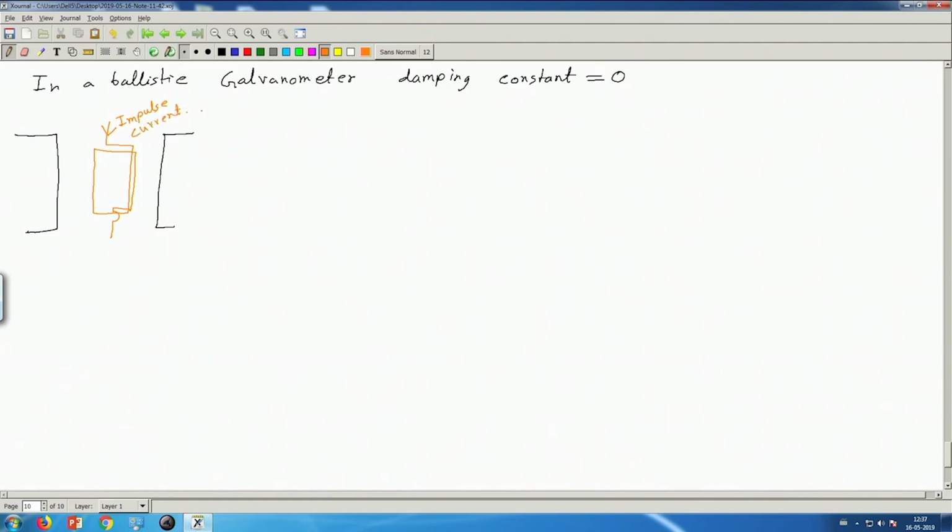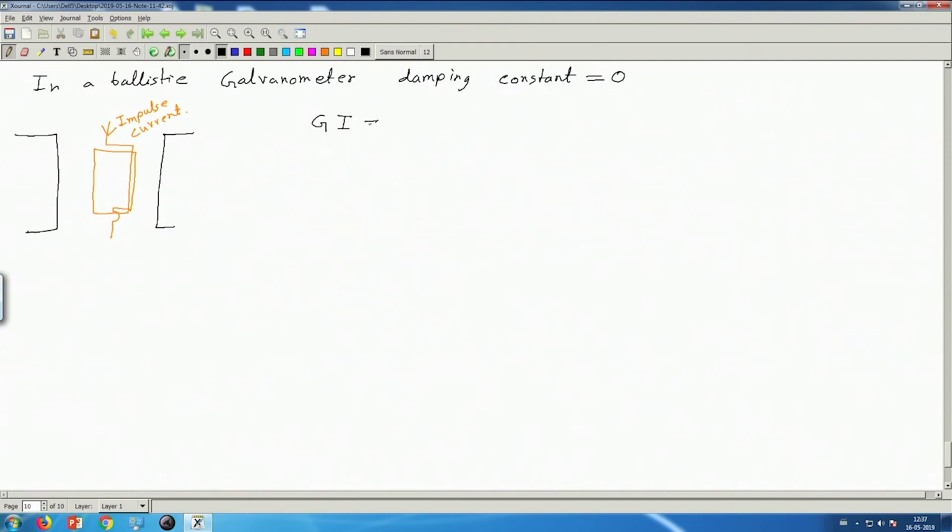Okay. Now, if we call this current I, then we know that I multiplied by G, G is what? The galvanometer constant, which is BAN, that means torque per unit current.